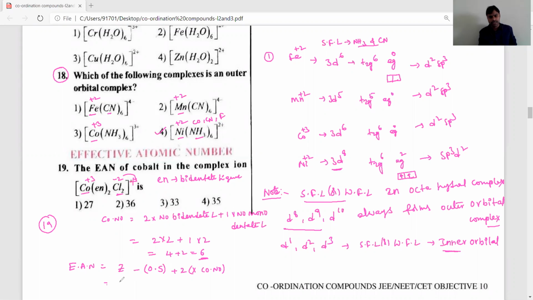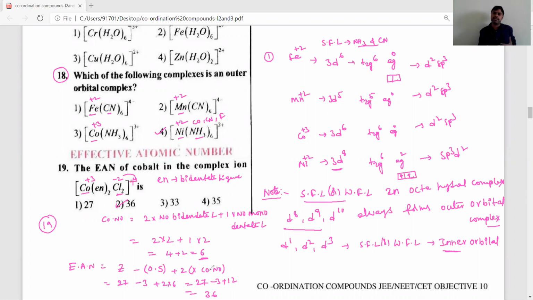Cobalt atomic number is 27, minus 3 plus 2 into 6, which is 27 minus 3 plus 12, equal to 36. So 36 is the krypton electronic configuration. That's why it is stable according to the EAN rule.